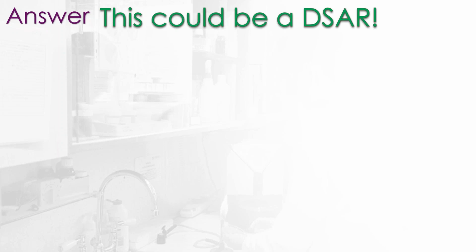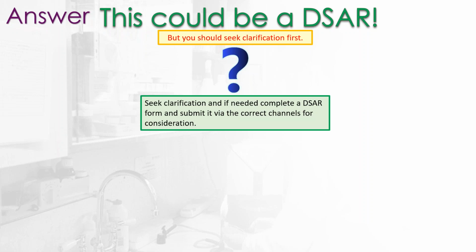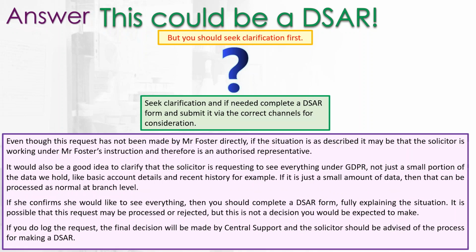This could be a DSAR, but you should seek some clarification first. If the events are as the lady at the reception desk has described, it could be that she is working under Mr. Foster's instruction and is therefore an authorised representative. It would also be a good idea to clarify whether the solicitor is requesting everything under GDPR or whether they want to see specific pieces of information.